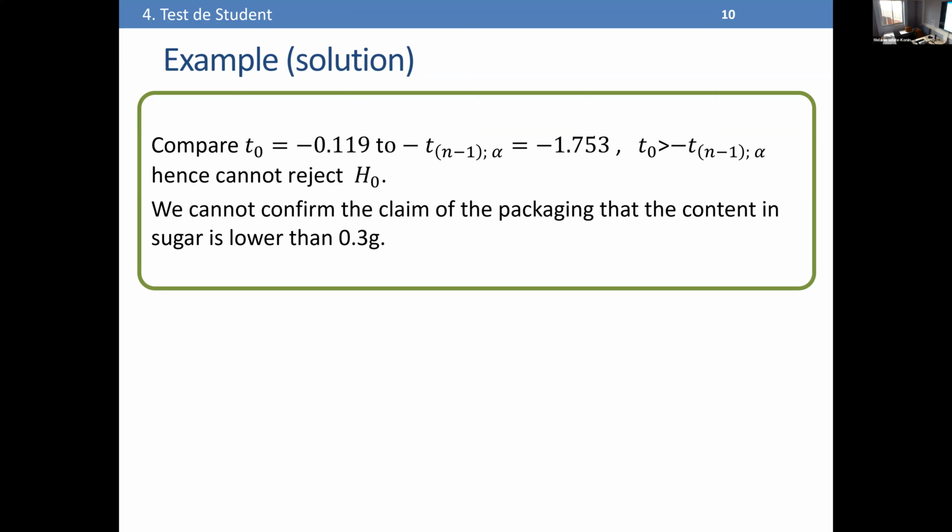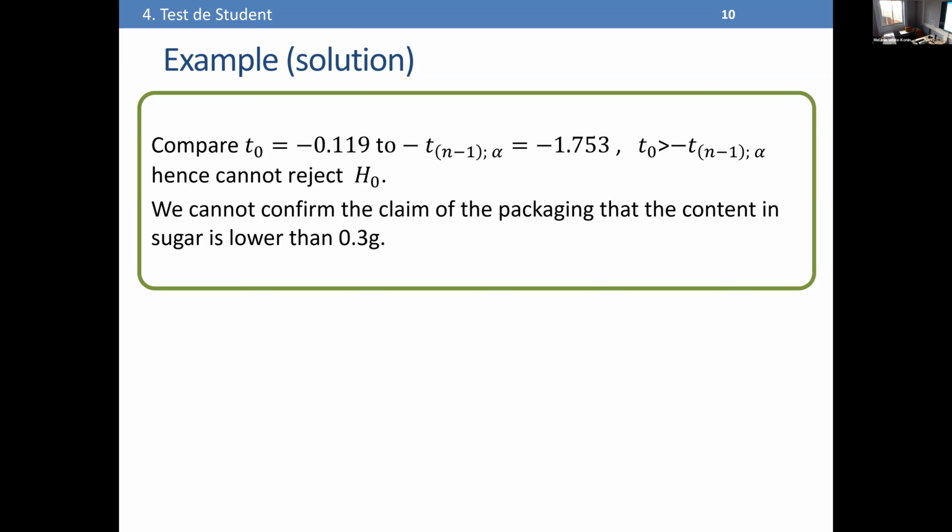We say if H0 is true, or under H0, then the test statistic which we're interested in, T equals M minus our reference value over the square root of this, should follow a student distribution. Okay.